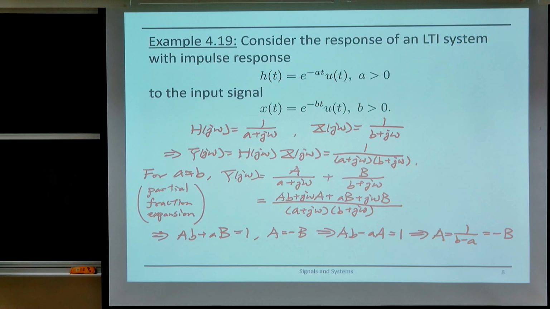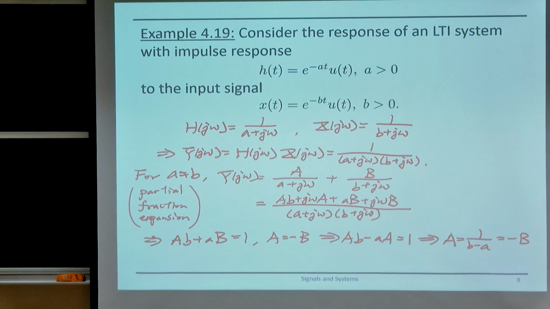Okay. So I went through this example in detail because you're going to encounter this kind of computation in other places as well. This type of decaying exponential you will often see in a lot of systems, for example, for systems involving RC circuits.